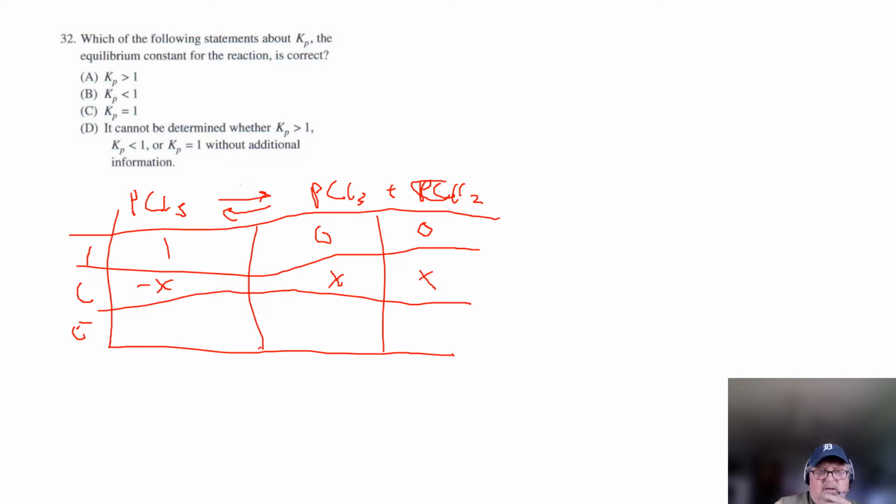And then the final pressure for each one at equilibrium has to be... We know from the previous statements that after it reaches equilibrium, the total pressure is 1.4. So the sum of these three pressures has to equal 1.4.